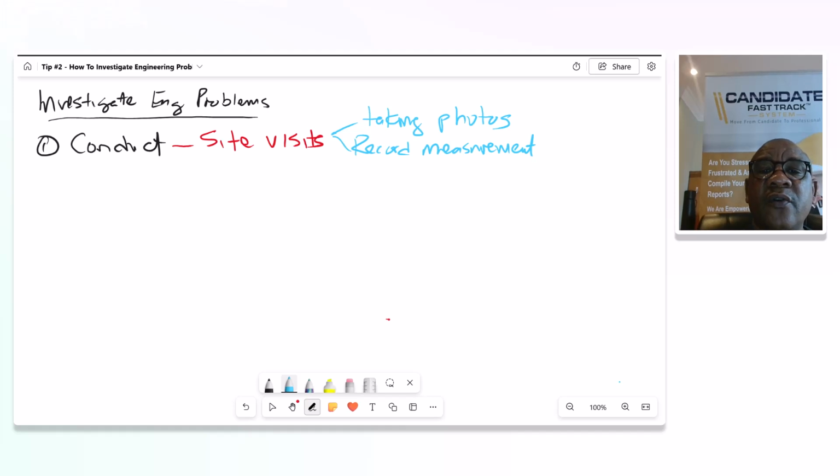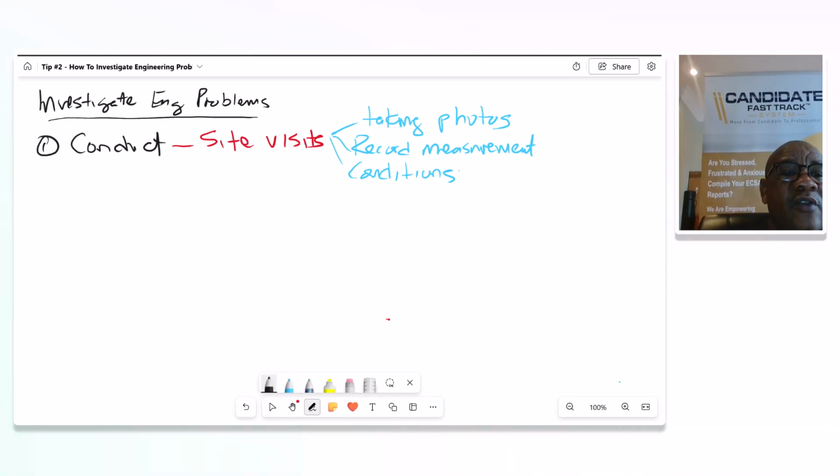And then you'll also be looking at your site conditions. These are very important things that you need to consider when you try to explain how the investigation was carried out. So you do a site visit, take photos, record measurements, and look at site conditions around where the problem is.